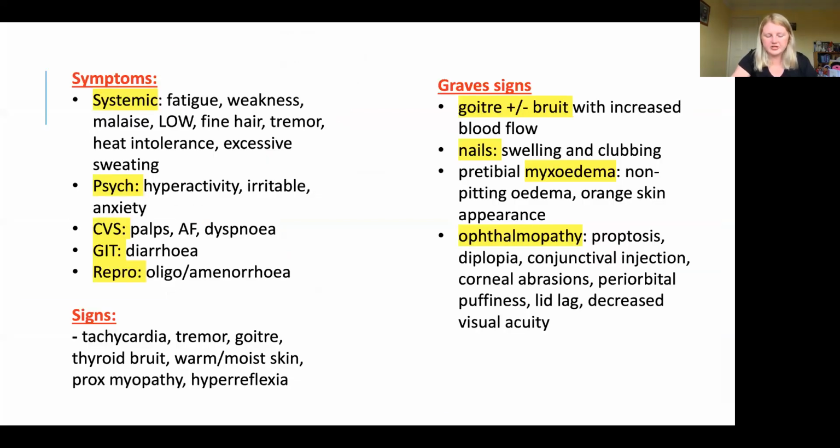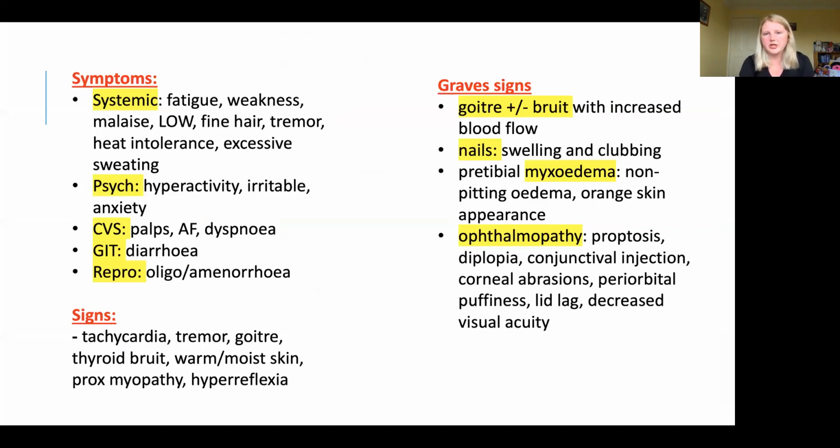So in hyperthyroidism, you can break down your symptoms into systems as well. And the effects, it is quite simply stated in the question as to whether it's hyper or hypo. So just becoming familiar with these.